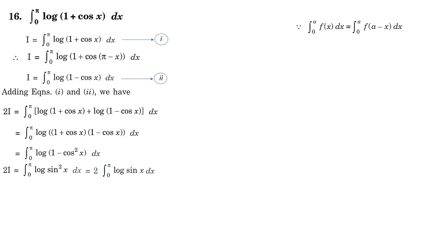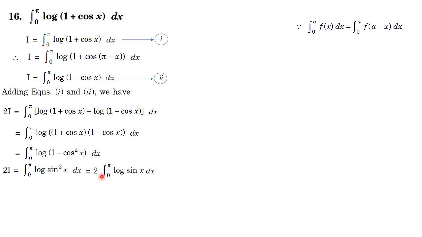Then here log sin square x, what we can do: log m power n is equal to n log m, that is the format. So this 2 will be written here as a constant. Write the property if you want. So 2 is a constant, so just keep it outside, integral 0 to pi log sin x.